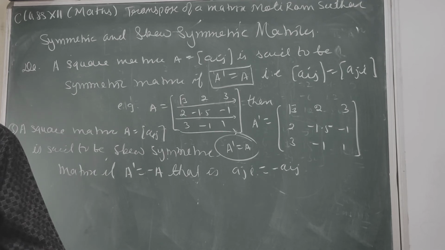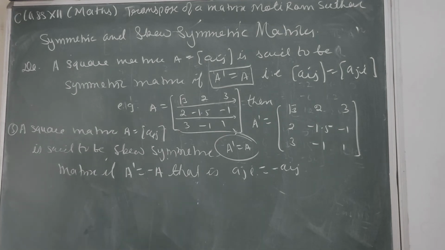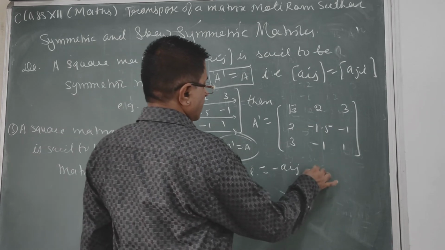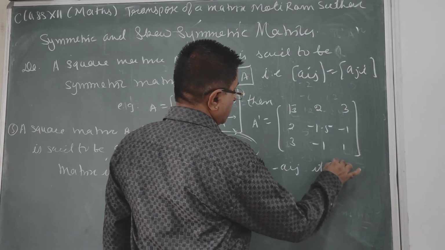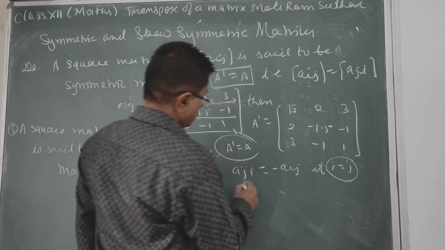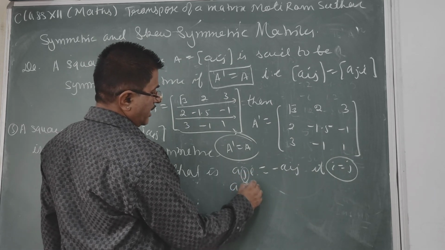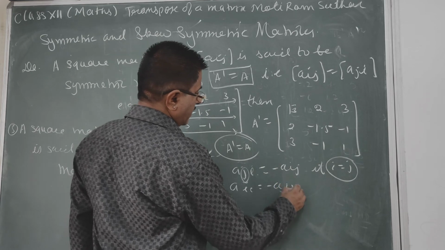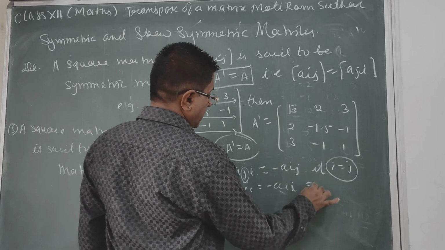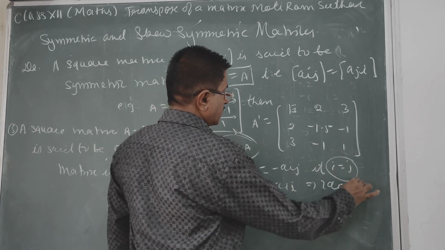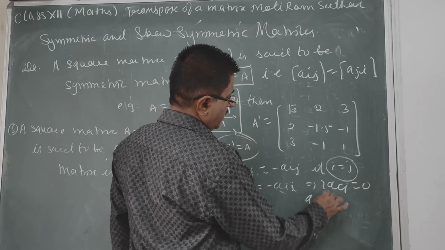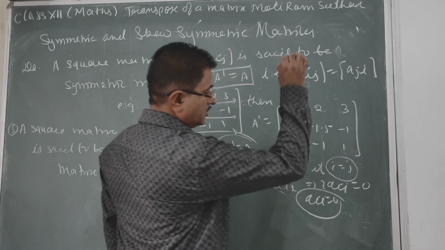And if you put i equal to j, अगर i और j equal हैं, then what happens? So Aii equal to minus Aii. So what we get? Twice Aii equal to 0, or Aii equal to 0.